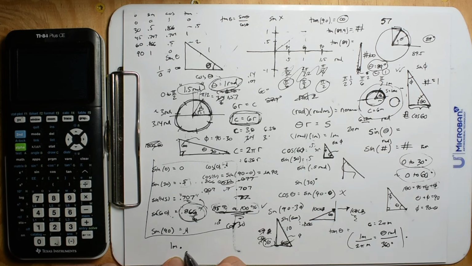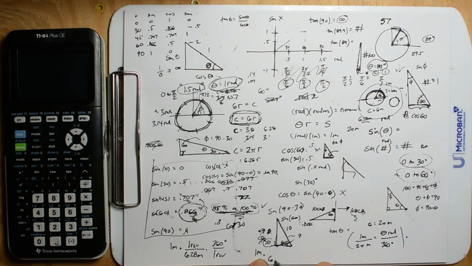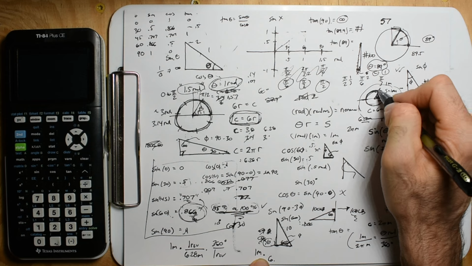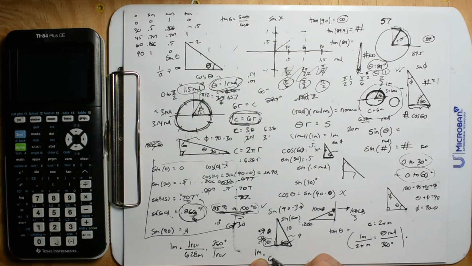So we're going to go 6.28 meters in 1 revolution, and then 1 revolution is 360 degrees, or you can just do it in 1 step. I have an arc length of 1 meter, and I'm going to divide that by the arc length of a full circle, 6.28 or 2 pi meters. Cool.